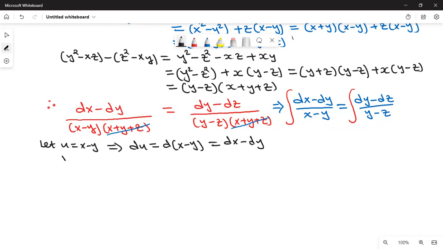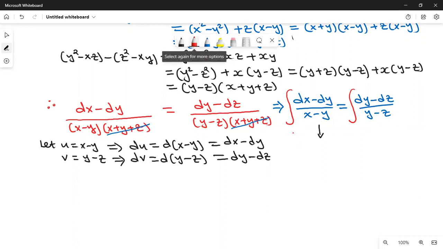What about the right-hand side? I'm going to say let v be equal to y minus z. So I need to know what dv is. dv is the same as the derivative of y minus the derivative of z. Therefore, this integral can now be written as the integral of du over u, and the other one is the integral of dv over v.